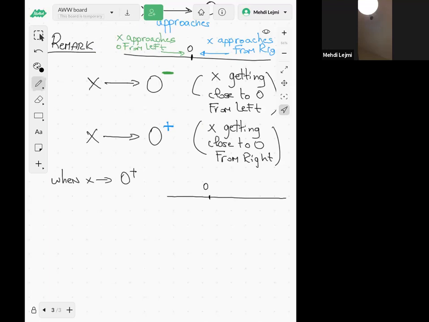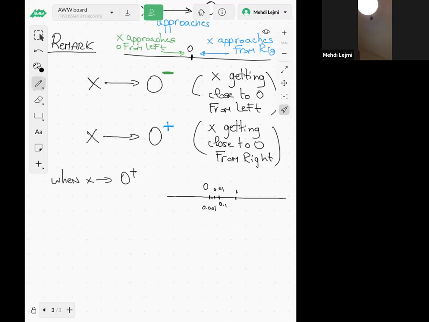So let's say you are at 1, and then I'm going to take 0.1, and then 0.01, so I'm getting close to 0, and then 0.001, etc. I'm never equal to 0, but I'm getting close to 0.